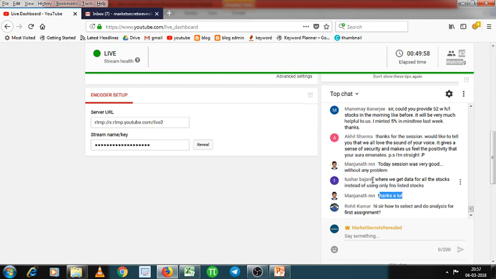Thanks for that. So Tushar, the next question is where we can get this data for all the stocks instead of using only F&O listed stocks. You can get it from the exchange site itself. On a daily basis you can go and download it under archives, daily archives. Just Google it, like equity archives data.